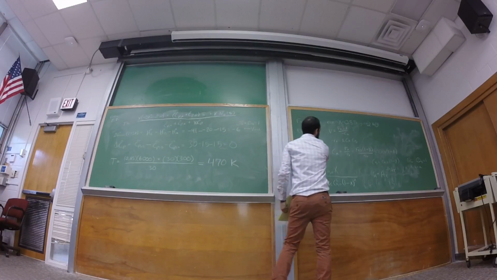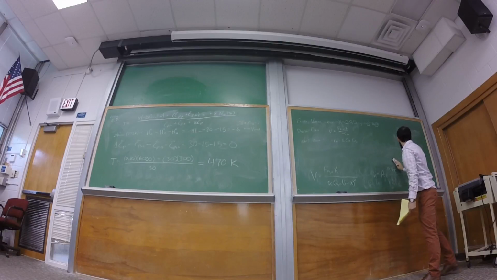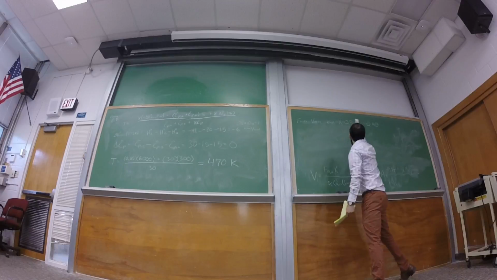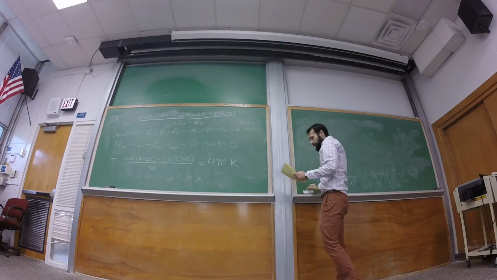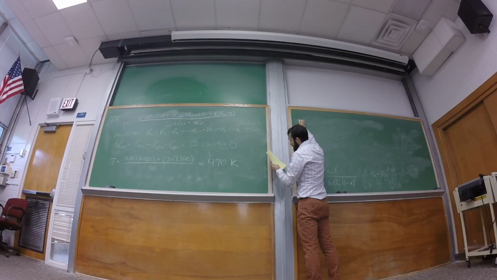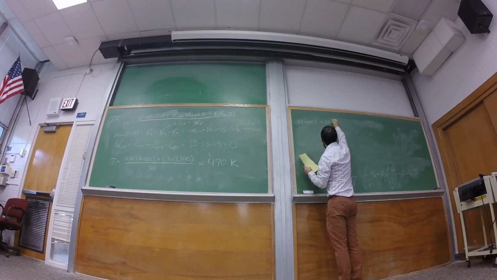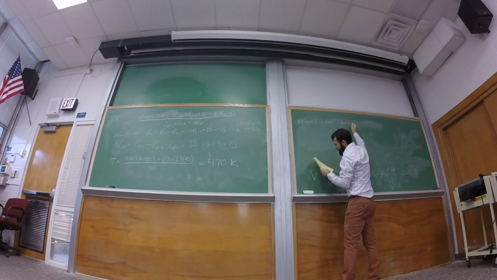So we'll leave some of this up there. Get rid of this stuff. Okay, so we were given that K at 300 Kelvin is equal to 10 to the minus 2 liters per mole seconds.